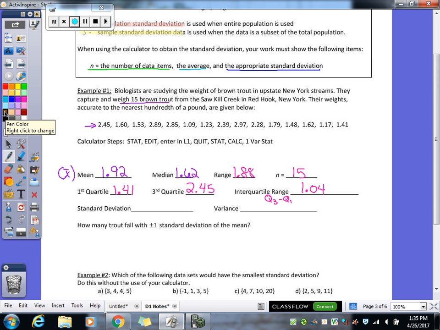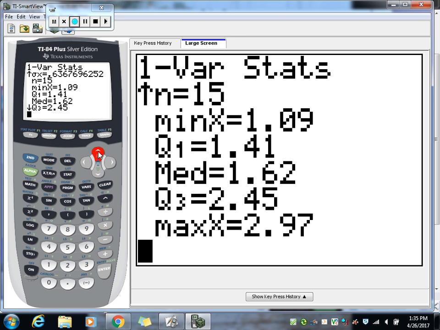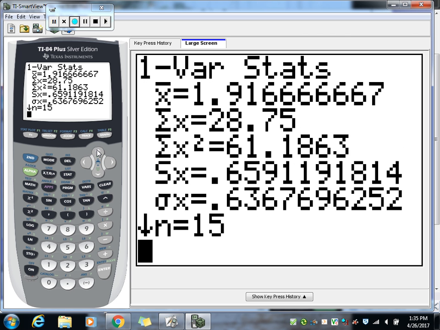Now for our standard deviation, we have to figure out, are we dealing with the full population of trout in the creek, or are we dealing with a sample of it? Sample. So for our standard deviation, we want the one that's the big capital S and then the X. So if we arrow back up, there's our sample standard deviation.